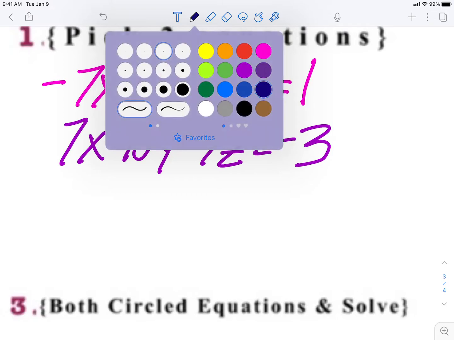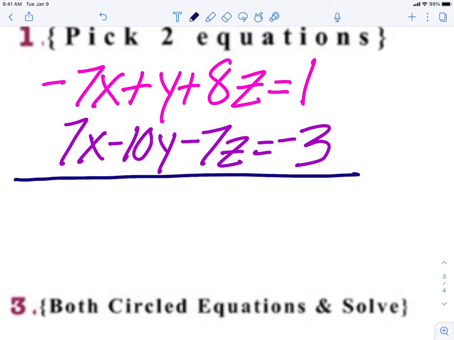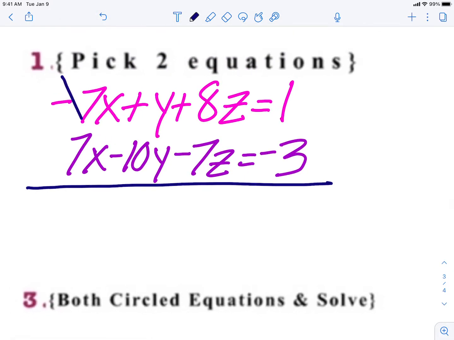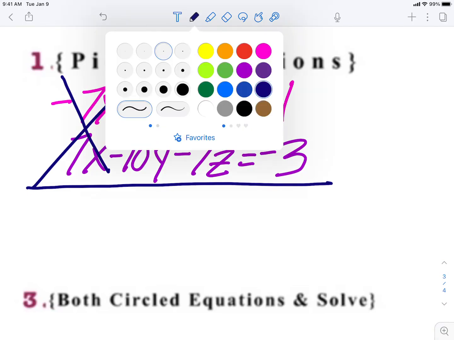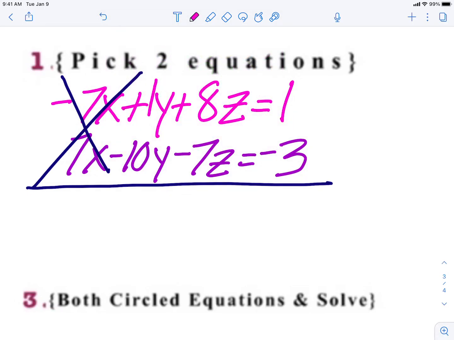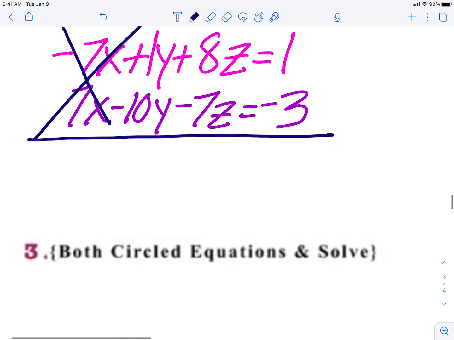So now I'm going to draw my line, and I got exactly what I needed. Look, those negative 7x and positive 7x cancel out, right? I'm going to write my 1 here just so I remember there's an invisible 1. So positive 1 and the negative 10 are different signs. I subtract, 10 minus 1 is 9, and I get a negative 9y because 10 is bigger.